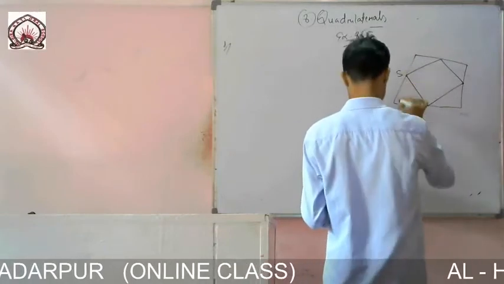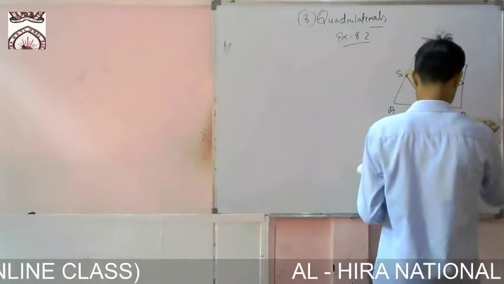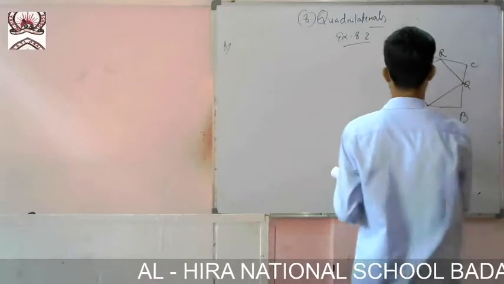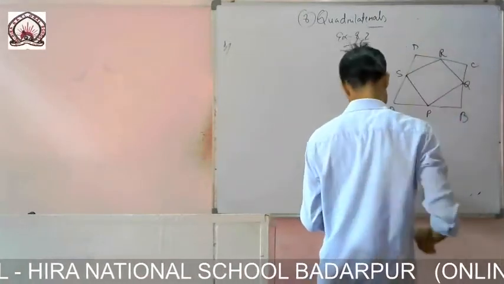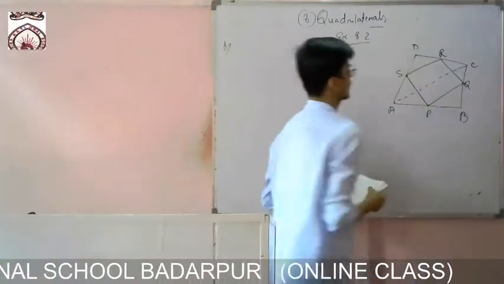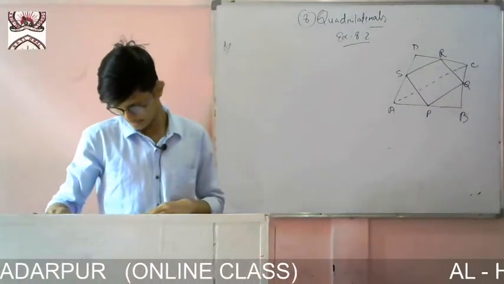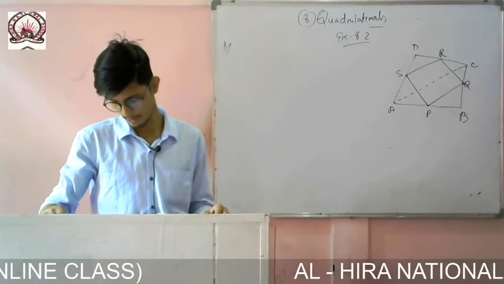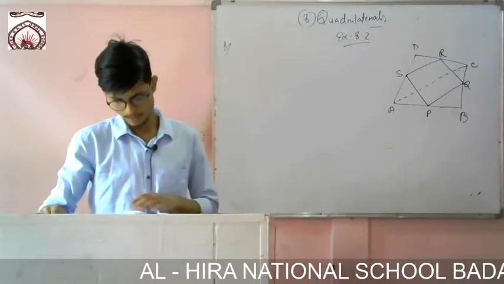It is given S, A, P, B, Q, C, R, D: A, B, C, D and S, P, Q, R, S. And AC is a diagonal given. So you see here, this is the figure. I have to prove that SR is parallel to AC, and SR is equal to half of AC. So no problem, very easily I can show this one. Just now we have read the theorem.